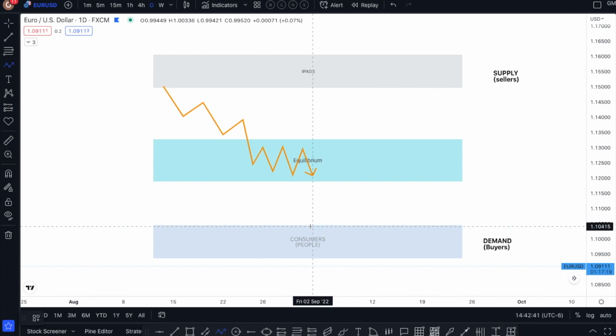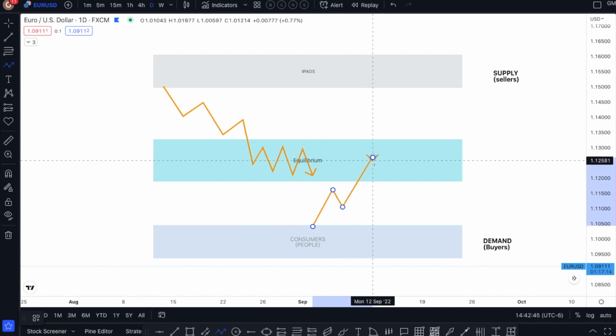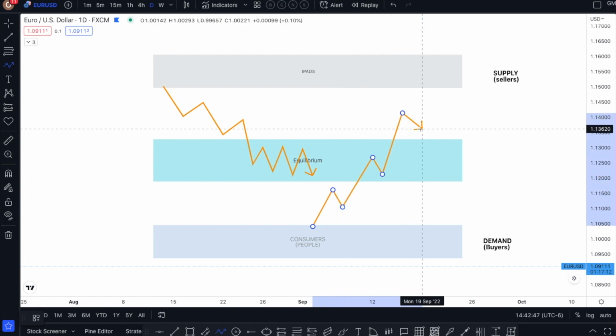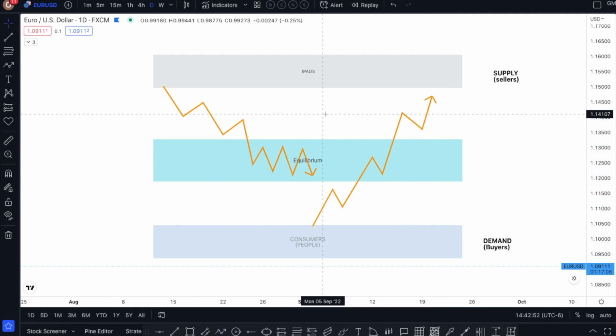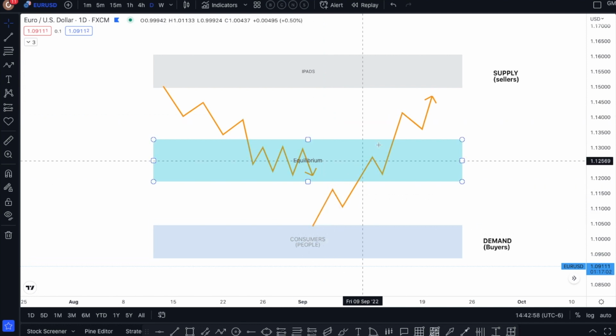The consumer, us, we were demanding these products, and so price started to increase for those particular products because the products were scarce. The demand exceeded the supply. So when that happens, that's when the price gets driven up and the demand is extremely high.